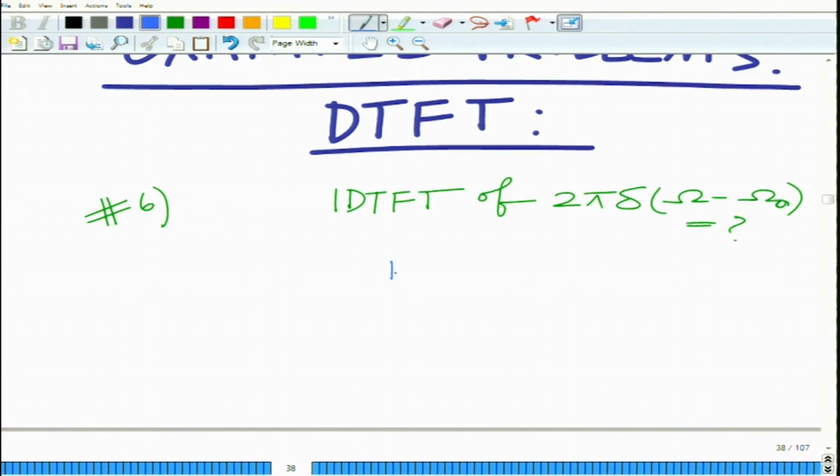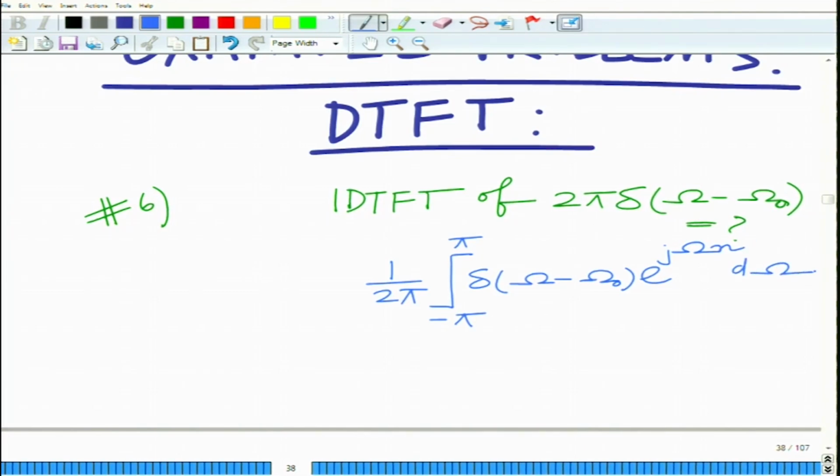This is 1 over 2 pi integral over any interval, minus pi to pi, of 2 pi delta of omega minus omega naught, e raised to j omega n d omega.